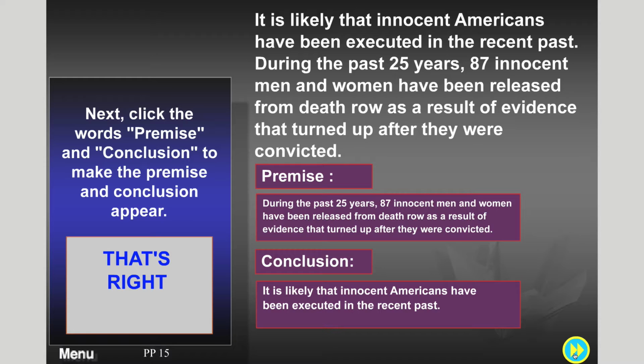If the sentence had begun with, it is the case that, in fact, that premise can be used to say we should abolish the death penalty. Why? It is likely that innocent Americans have been executed in the recent past, a number of innocent people from death row. So you could be led to that conclusion, right, from a set of premises that are contained here in this argument. But that argument is not being made here, okay?